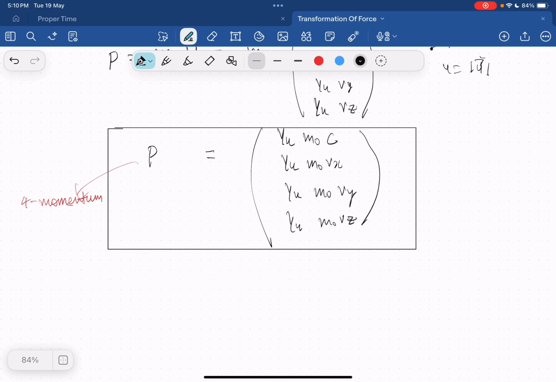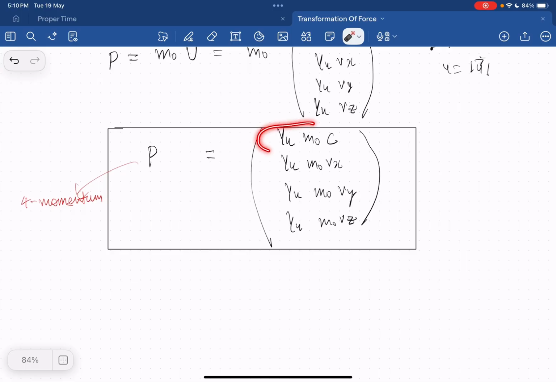Now if we focus on the first component, gamma u times m naught c, this looks something familiar.